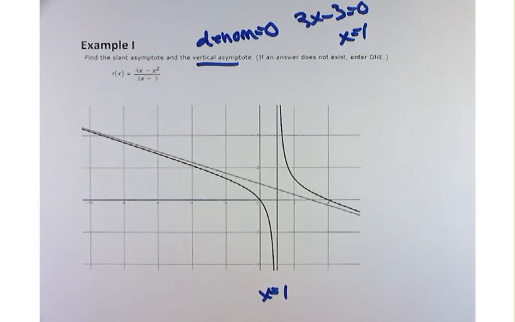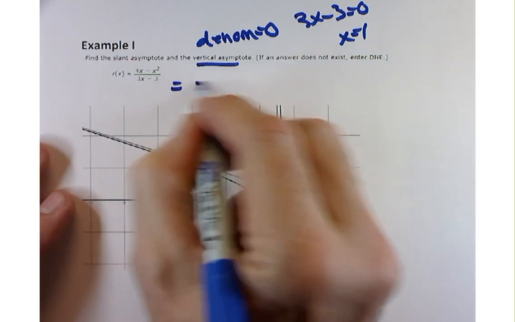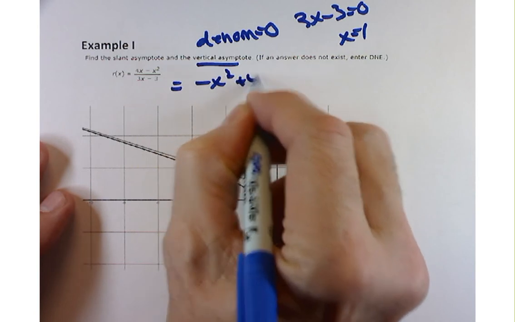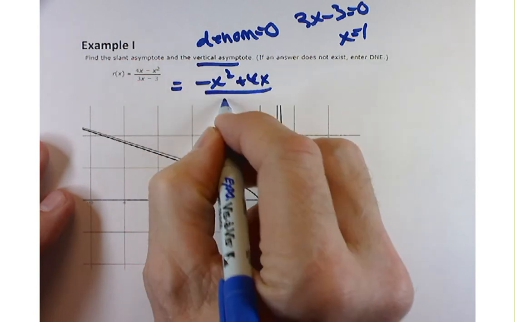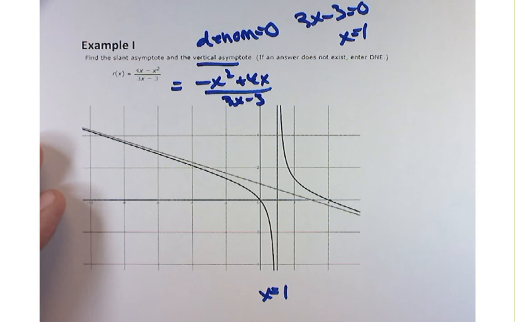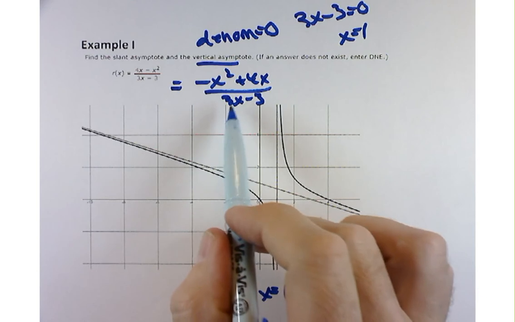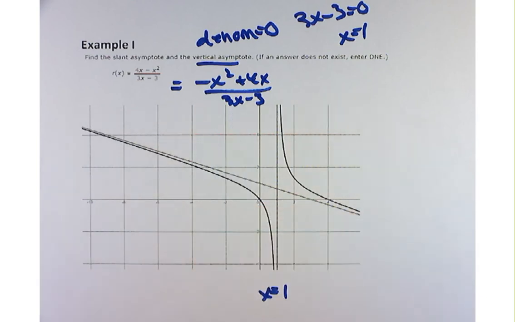As far as the rest of this is concerned, can I figure this out with synthetic division? Minus x squared plus 4x over 3x minus 3. The answer is not without some manipulation, because there's a coefficient in front of the x term. It's not just x minus something or x plus something.